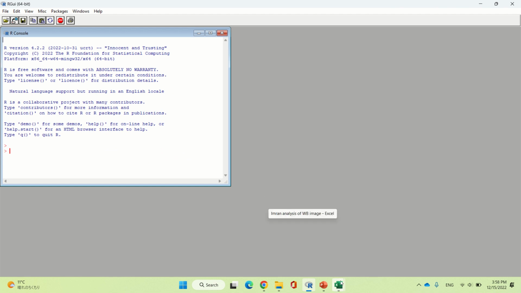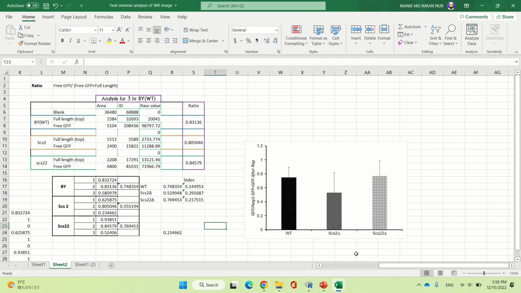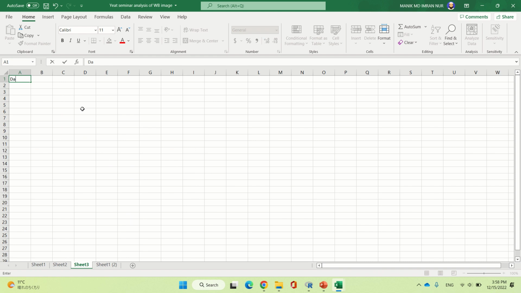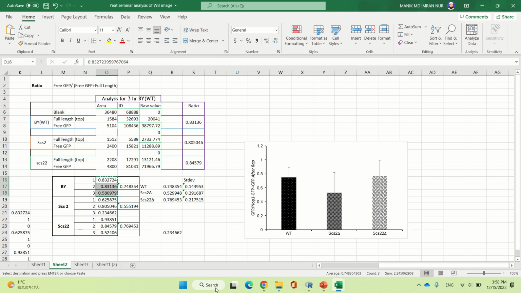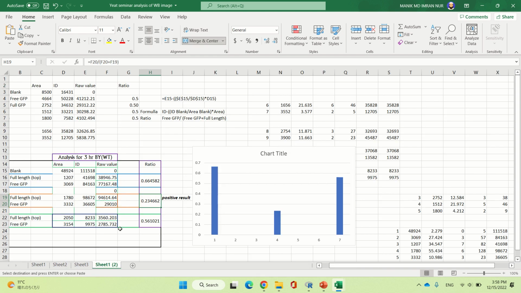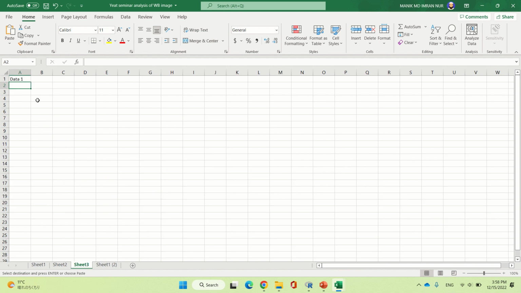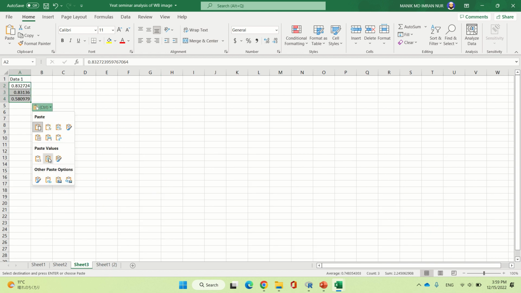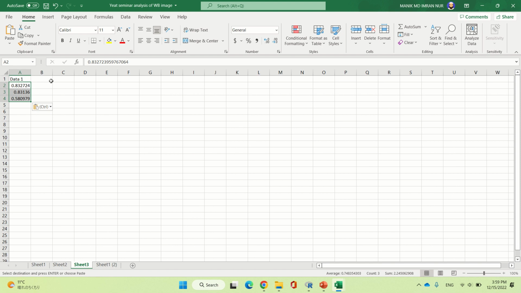Assign to data one, for example. Assign one as the vector.